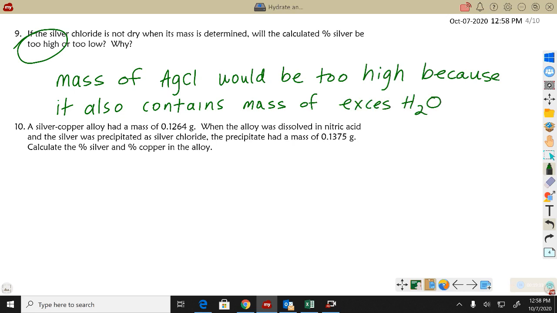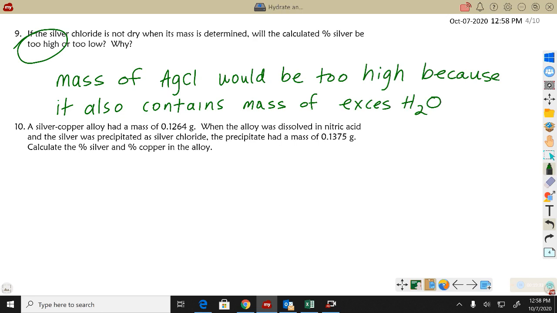We assume that the mass was all silver chloride, and then that we are calculating the mass of just the silver. But that water mass is going to skew my data. It's going to seem as though the percent silver is too high, but it's just because I've got extra mass in there from water.